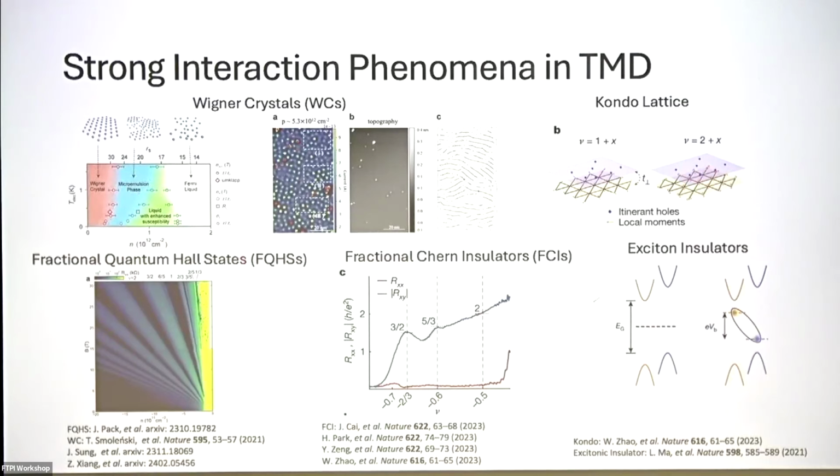And also there are interesting things about excitonic insulators, and this beautiful figure I took from one of Allan's review papers. So there are many things going on in this material system.